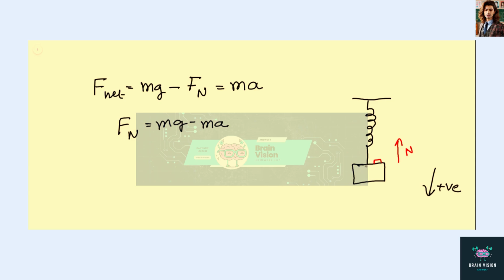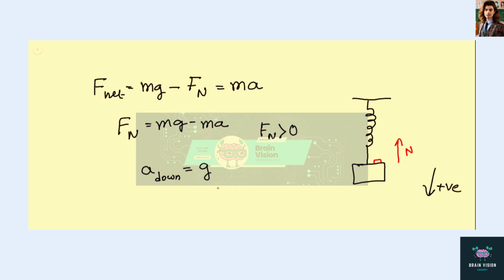The normal force cannot switch directions, which means that Fn cannot be less than 0. So the limiting condition here is a down equals g. That's the maximum value for the acceleration. If a down is equal to g, the normal force will be 0 here.